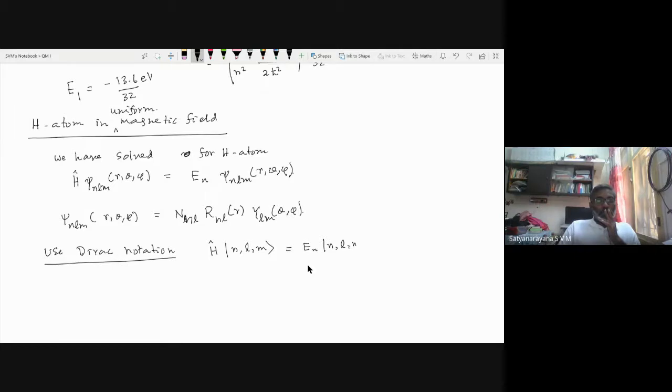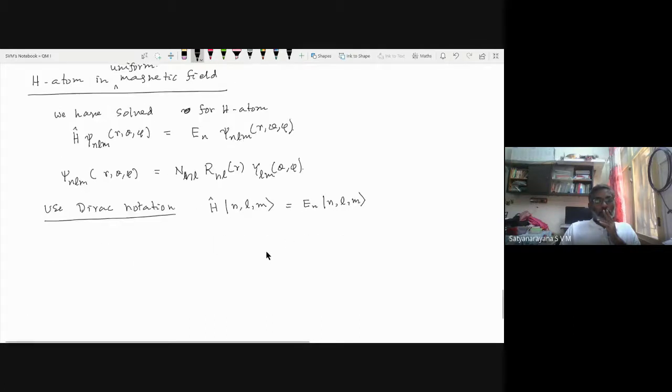It is customary to represent the state in Dirac notation involving quantum numbers associated with the complete set of compatible observables. In this case, we have n corresponding to the Hamiltonian, l corresponding to L squared, and m corresponding to L_z. So the quantum numbers associated with this completely commuting set of compatible observables are n, l, m.